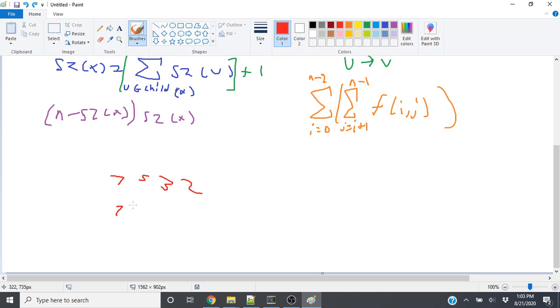Let's say we did something else: 7 times 3 plus 5 times 2, 21, 10, 31. But if we did 7 times 5 plus 3 times 2, then this is 35, this is 6, this is 41. So the intuitive idea is you want to multiply big numbers together and small numbers together rather than multiplying big times small.